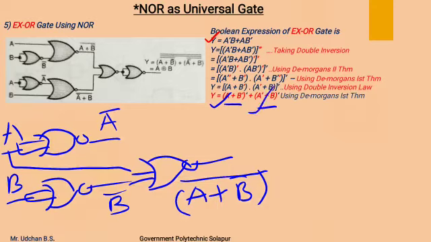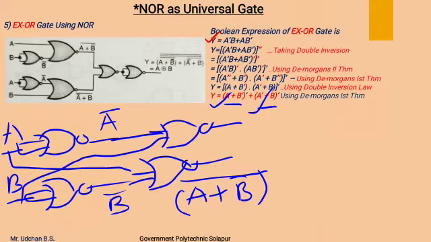Now to get this term I use another NOR gate. A complement is connected to this, and B, I will connect this B to here. So here I will get A complement plus B its complement.